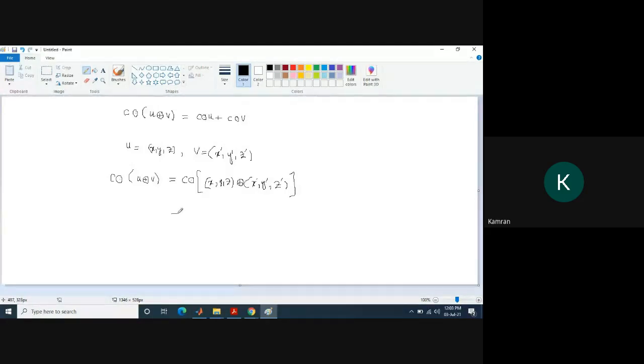And this is equal to c dot, it will be equal to (x plus x prime, y plus y prime, and z plus z prime).